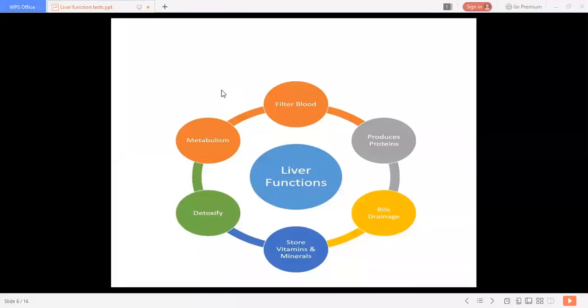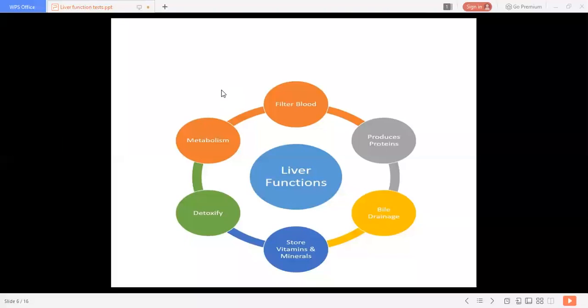So a decrease in the levels of total proteins mainly occurs in liver diseases in which the metabolism of the liver gets affected. So what are the diseases in which this metabolism gets deranged? Hepatitis.